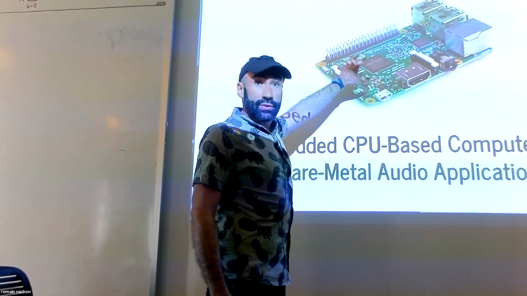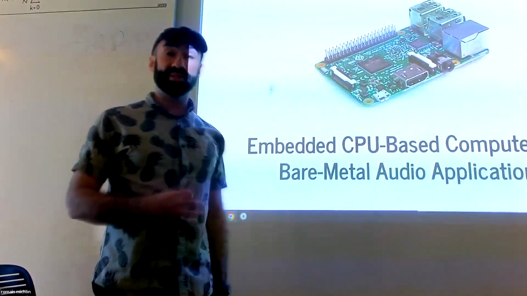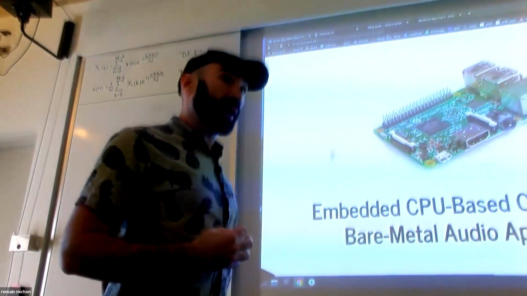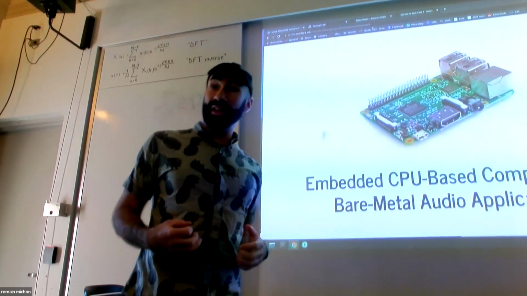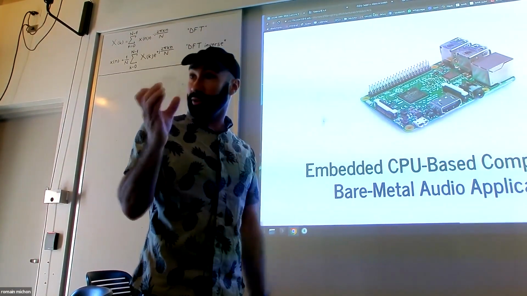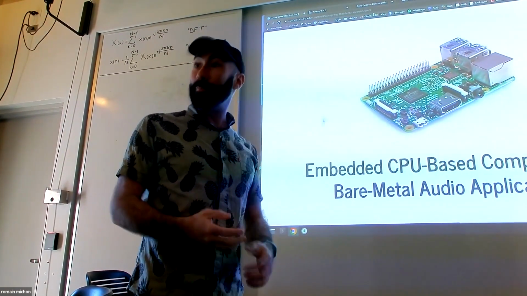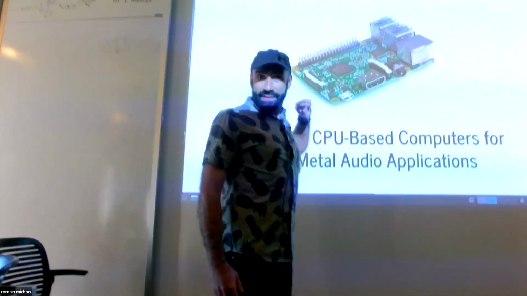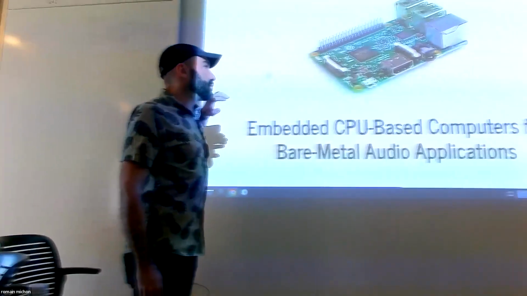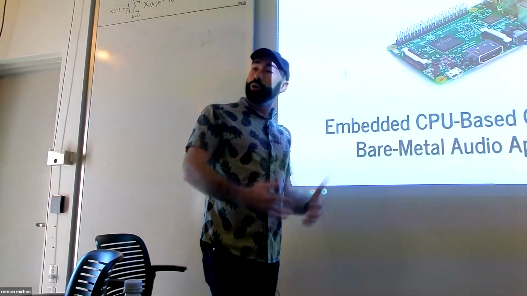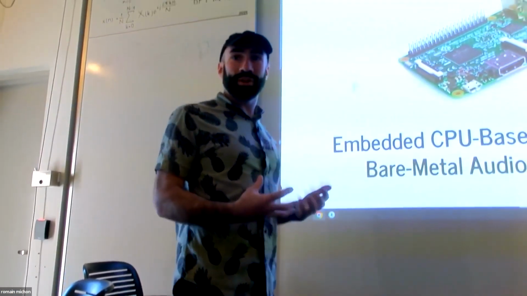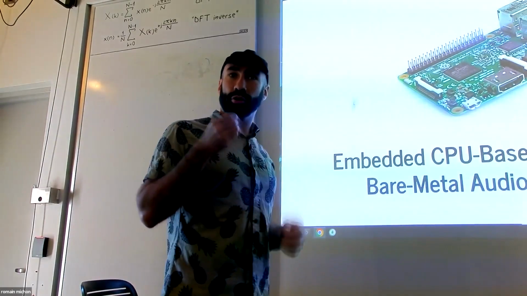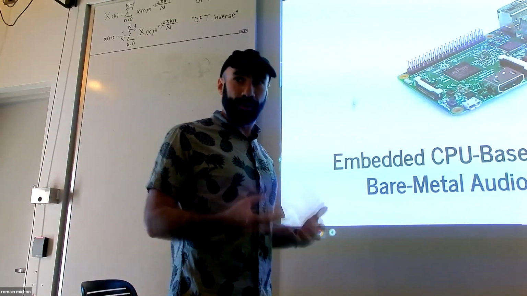You can use the Raspberry Pi without Linux, where you are basically going to make your own kernel from scratch by hand to run on the Raspberry Pi. So it's like making your own operating system. It's not really an operating system per se, it's more like a kernel, more like a firmware.